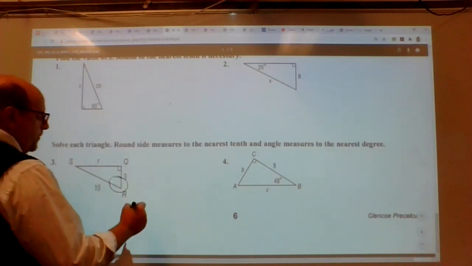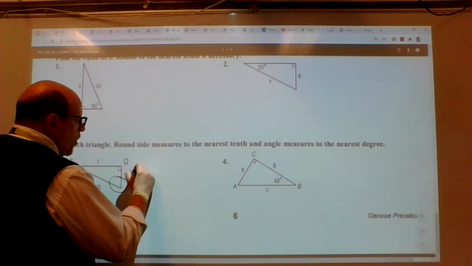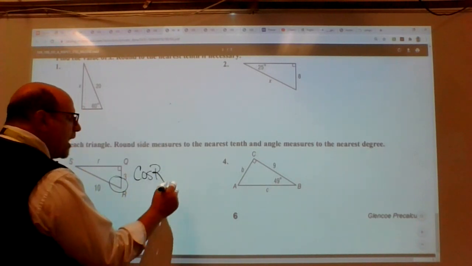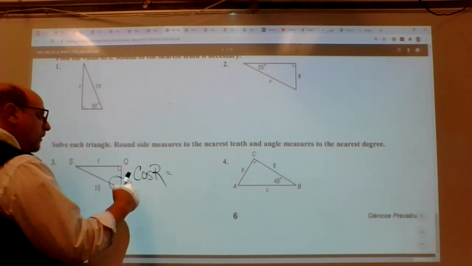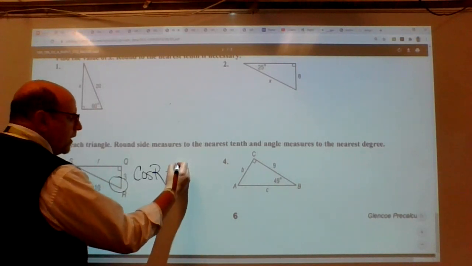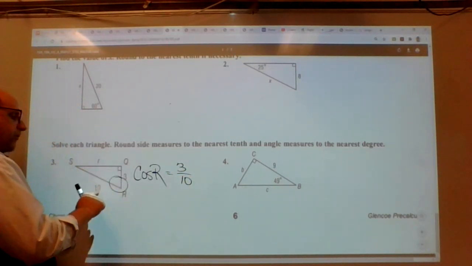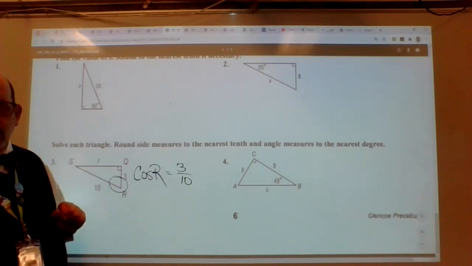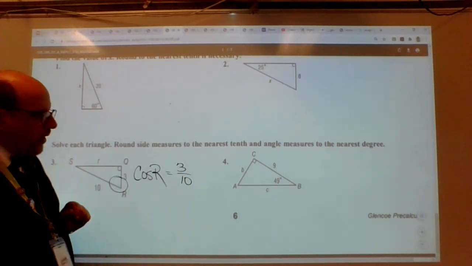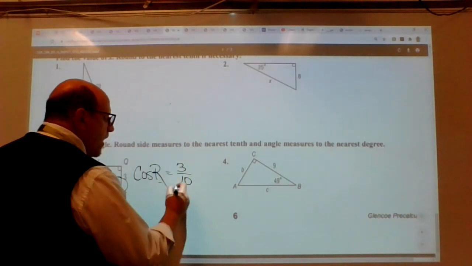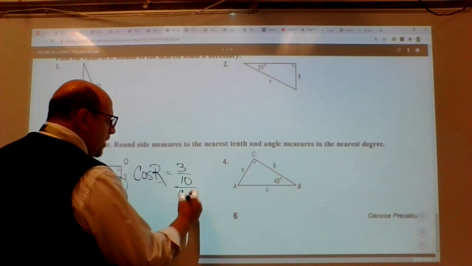Here we go. What this says is that cosine of R, nothing there yet, is equal to the adjacent side divided by the hypotenuse. There you go. We have 3 and we have a 10. So we go ahead and solve this for R. Well, I'm going to divide by the cosine.